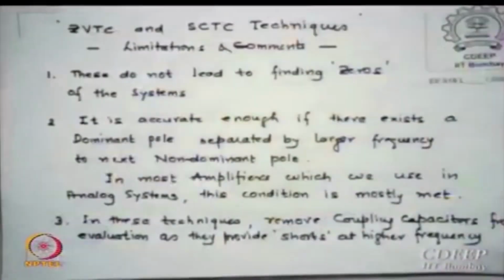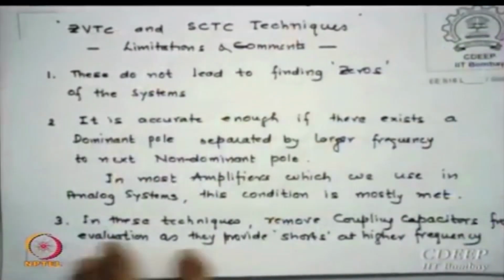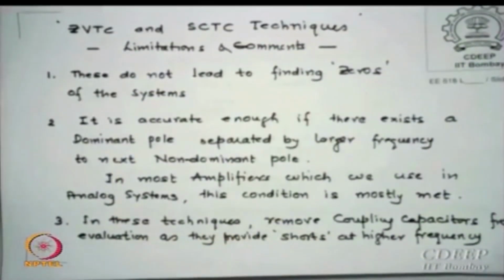Do not use those capacitances in any zero-value time constant or open/short circuit calculation. Just short them out; they are not there. So in this technique, remove coupling capacitors, that means short them at higher frequencies. This is a catchword, otherwise in the actual network that C will be visible and you will chase it, because they will show you that first as a pole.